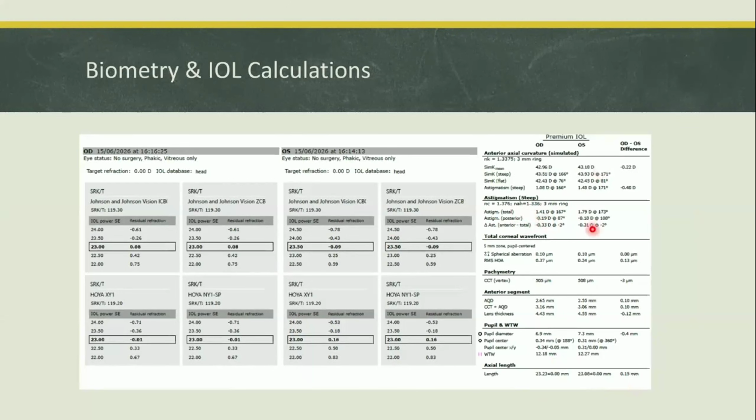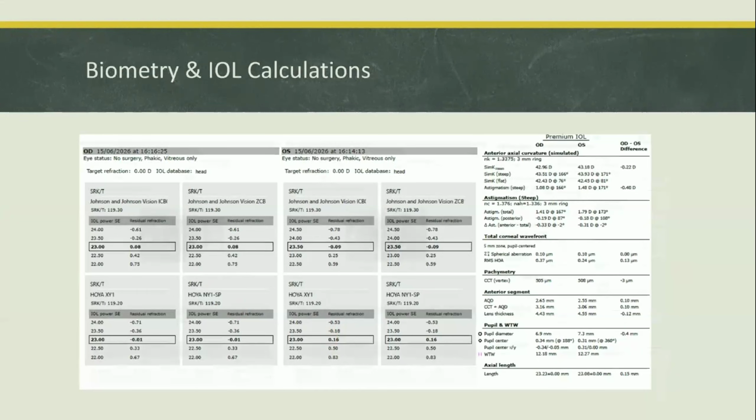If any patient has an astigmatic difference of one diopter, we can advise toric. For this patient, if we advise only monofocal lenses, they might need to depend on spectacles after surgery for the astigmatism power. So for these patients, we can advise a toric IOL.